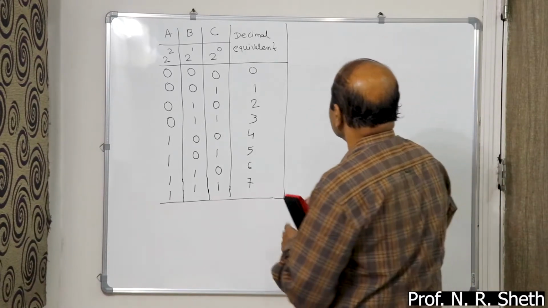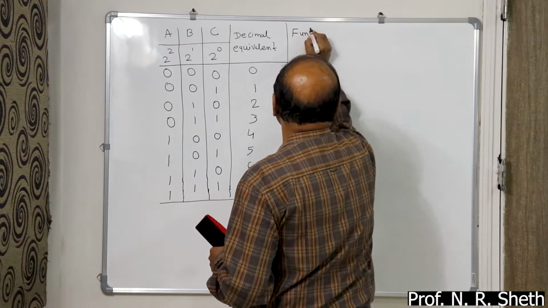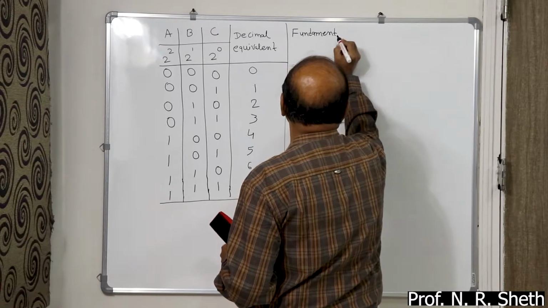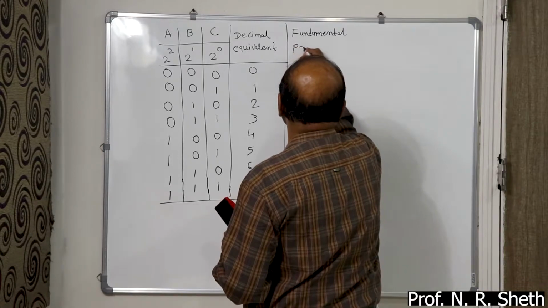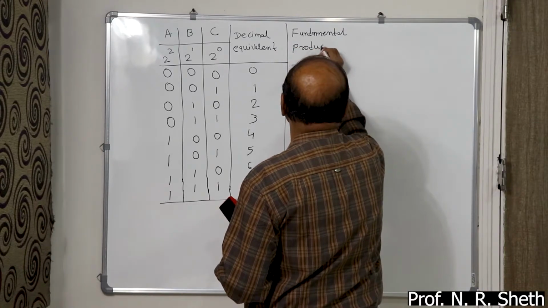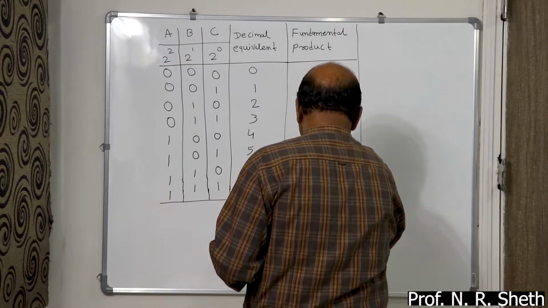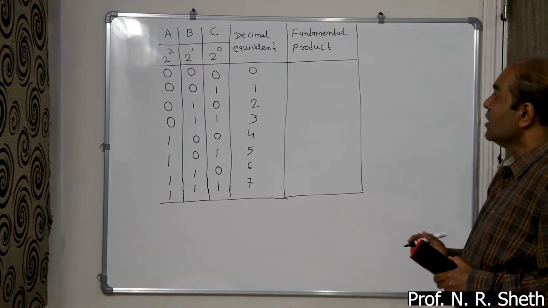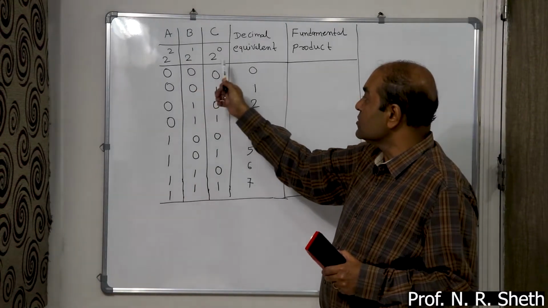So in this table, the next column is the fundamental product. This is new for you. Now look here. A is 0, B is 0, C is 0.